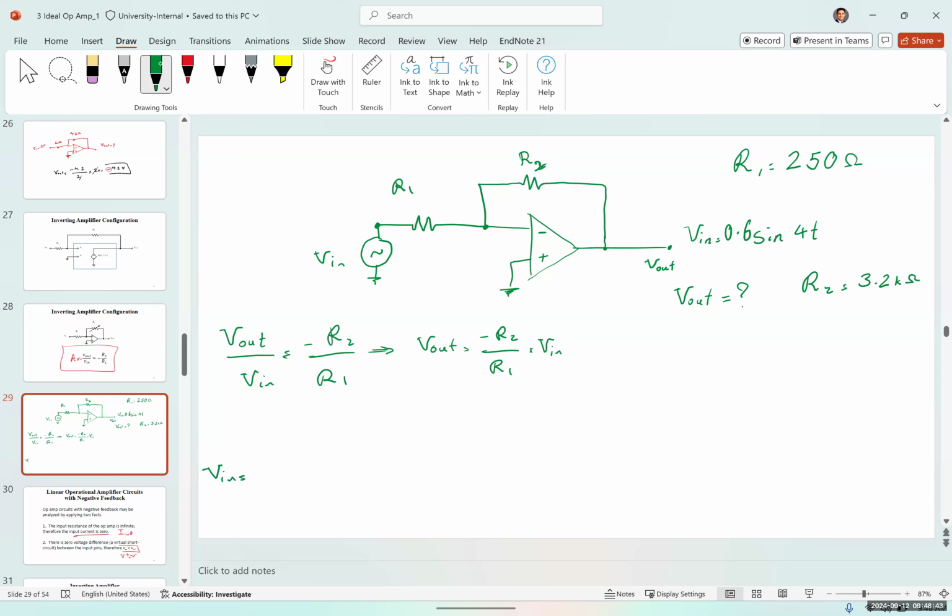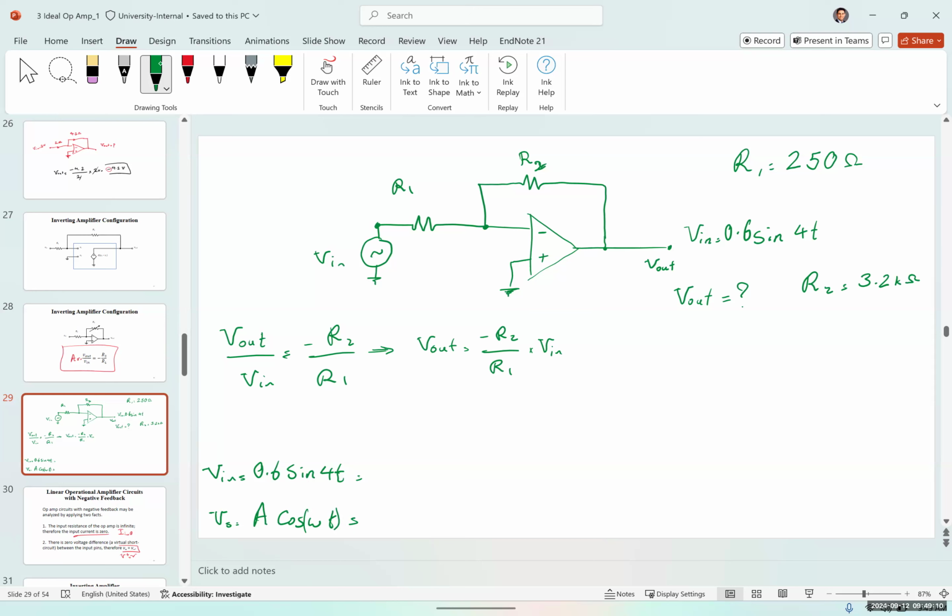Vin is equal to 0.6 sine of 4t. An AC signal is actually A sine or cosine of omega t, doesn't matter, which I can change to the sine.